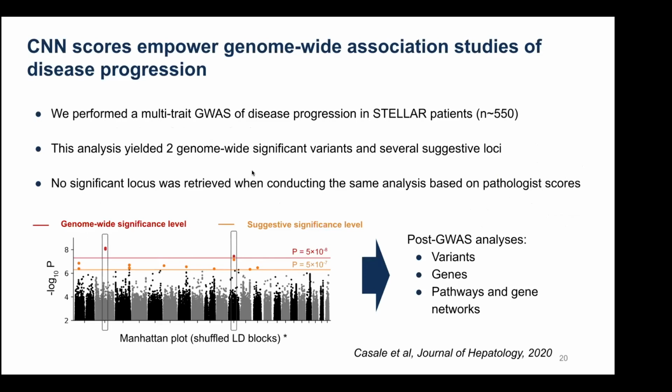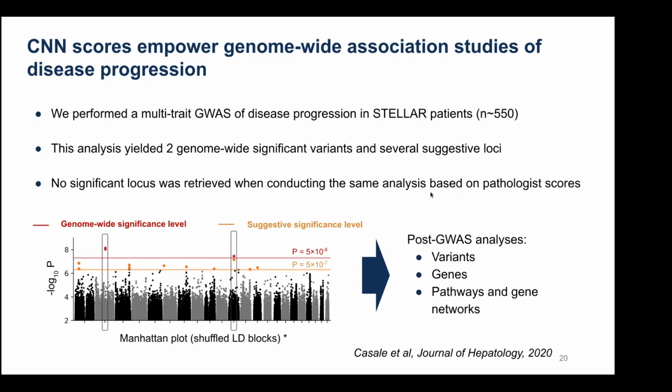Finally, this is really what we were interested in. We wanted to empower a genetic analysis of NASH progression in the clinical trial. So we did that using the continuous scores. And when we did, we found 2 genome-wide significant loci and several suggestive loci, and then followed up with a series of post-GWAS analyses to break it down to specific genes, variants, and pathways.